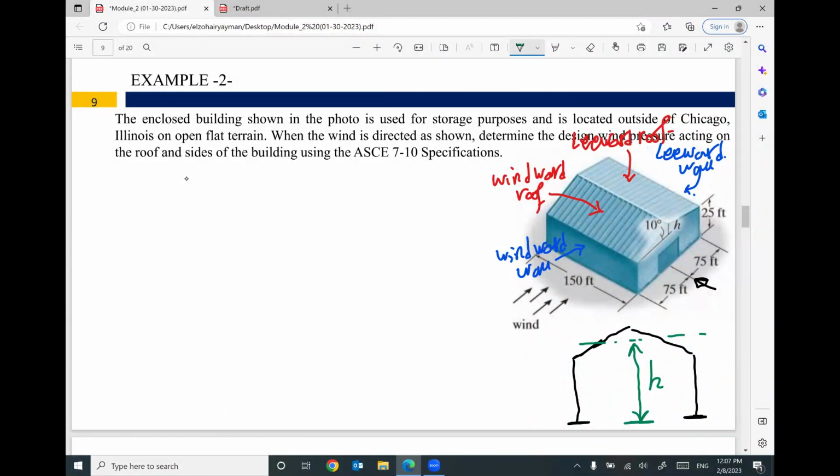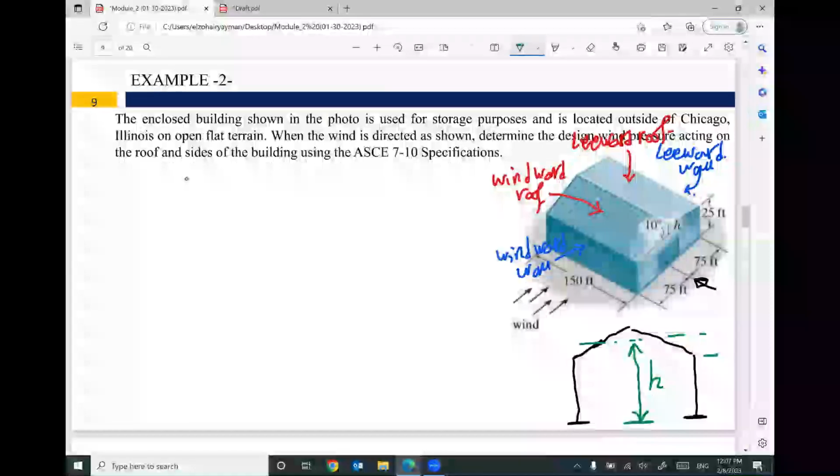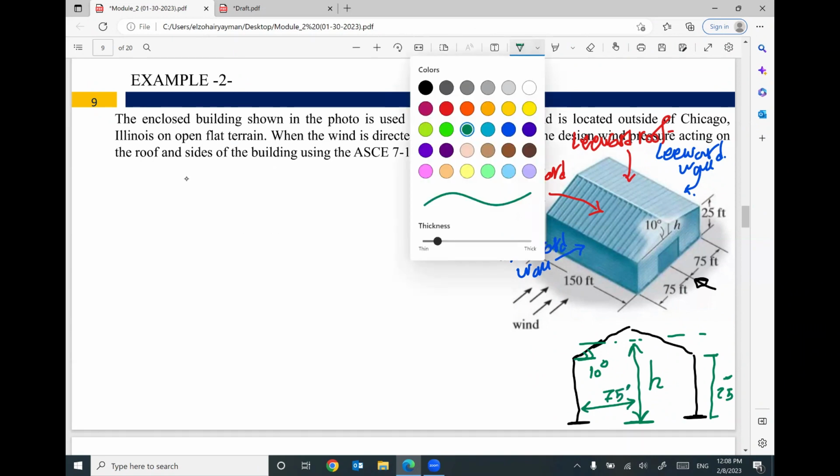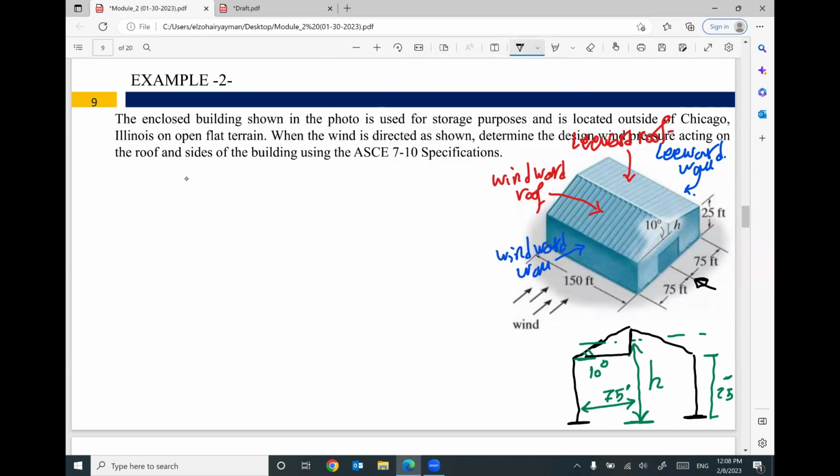So if you look at the given isometric, this height is given as 25 feet, this angle is given as 10 degrees, and this half distance equals 75 feet. So I can set up a right angle triangle, this one. This distance is 75 feet, this angle is 10 degrees.